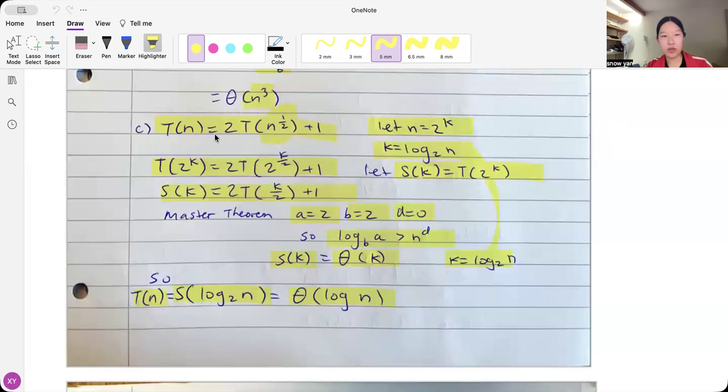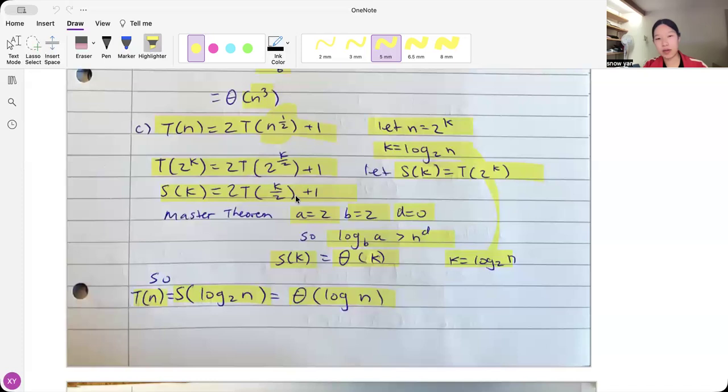Then we replace n with 2^k, and we get T(2^k) = 2T(2^k / 2) + 1. Then we define a function called S(k), which takes T(2^k) and just takes that exponent part.